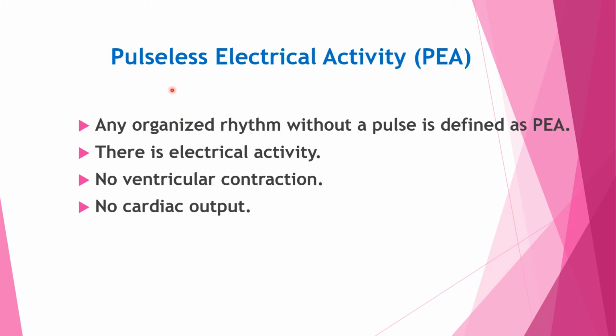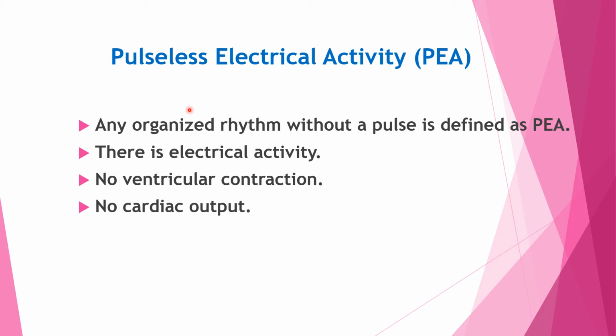Now, what about pulseless electrical activity? Actually, this is not a single rhythm, but a group of rhythms. Any organized rhythm without a pulse is defined as pulseless electrical activity, PEA. Maybe on the monitor, sinus rhythm, but no pulse. So I will say this is pulseless electrical activity.